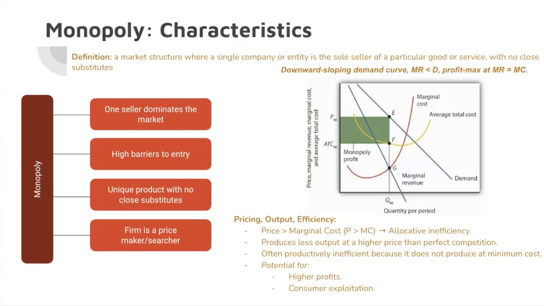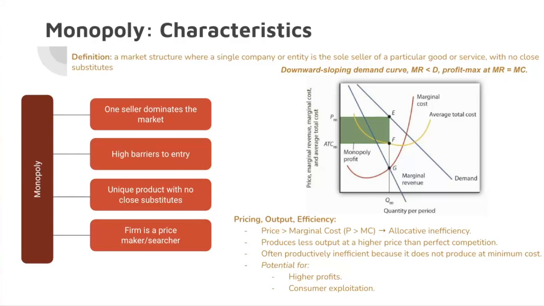The product is unique with no close substitutes, and crucially, the firm is a price maker, or price searcher. It can set prices rather than accepting market prices. Unlike perfect competition, monopolies face a downward sloping demand curve. If they want to sell more, they must lower prices.